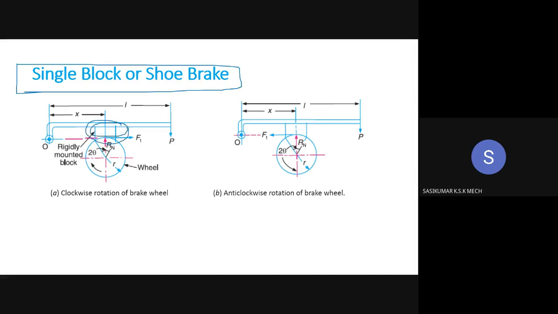In order to apply this block, you need a lever. The lever is attached at a fulcrum, and effort is applied at the free end. Due to the application of this force P, the block and drum come into contact, and you will have frictional resistance along this line.